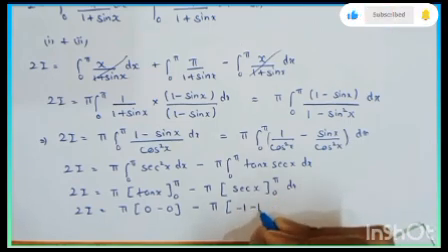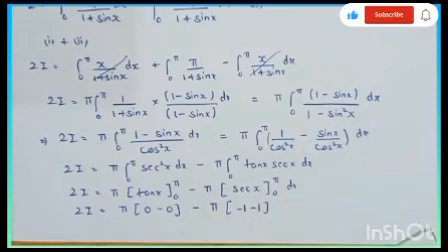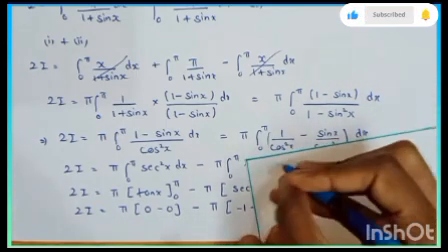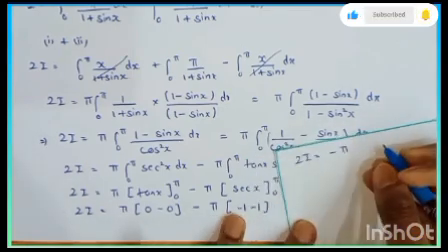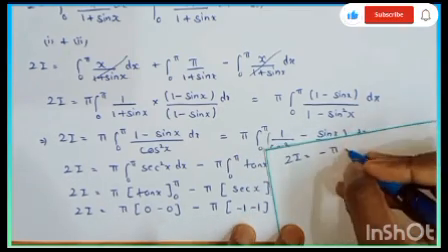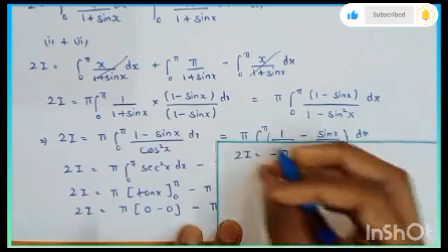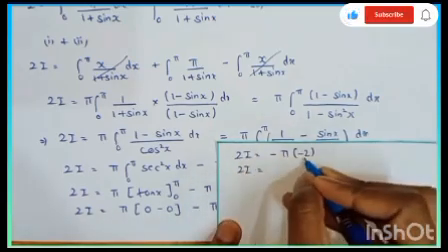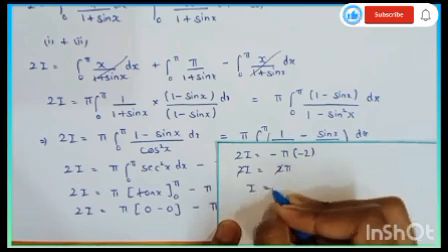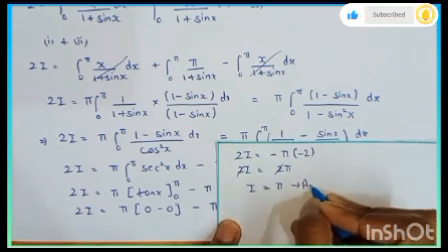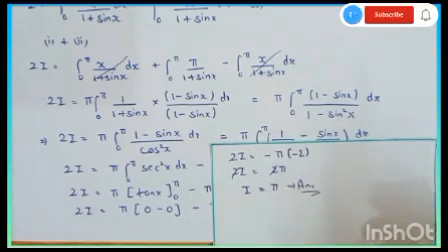Yes, it is 1, so minus 1, okay? So what do I get? 2I equals pi, and what's in the brackets? Minus 1 times minus 1, so minus 2, so 2I equals 2 pi. 2 cancels out, so what do we get? I equals pi. That's our answer.